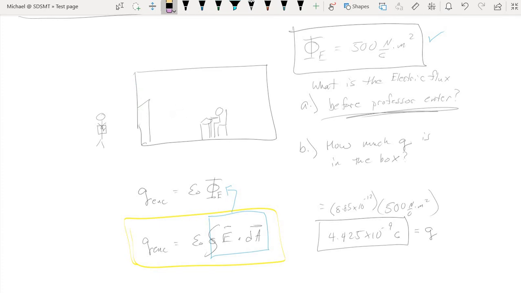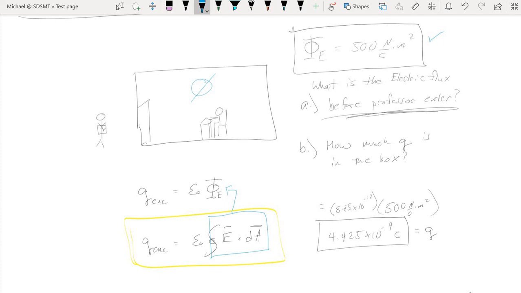If that charge is currently outside the room, there's no charge inside the room, so your room is not containing any charge, which means that the net flux for the room has to be 0, at least until your professor enters the room with that box of charge.